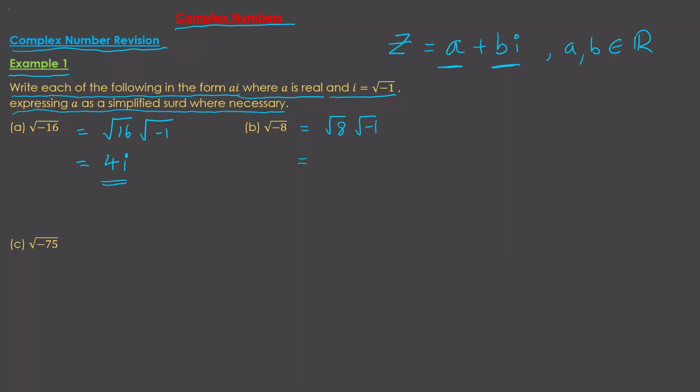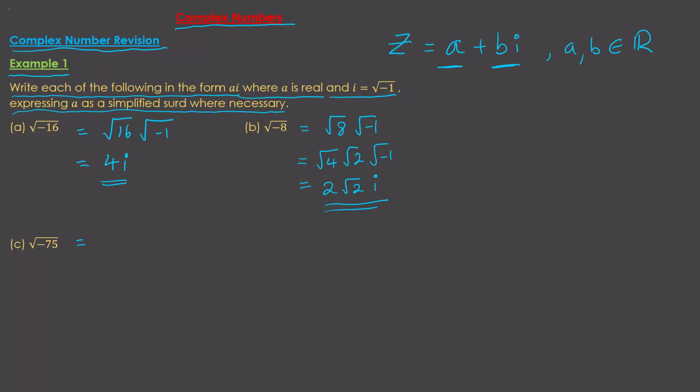And then, as we deal with surds, let's write root 8 as root 4 root 2. So I'm looking for factors of 8 such that one of them is a square number. And then of course root 4 is just 2. And so we have 2 root 2 i.